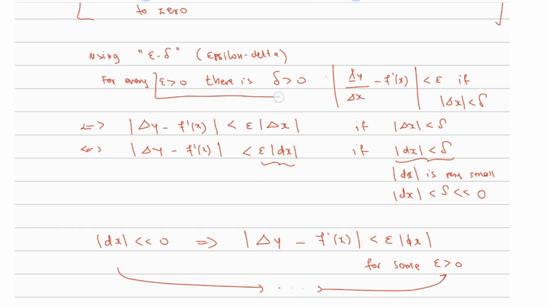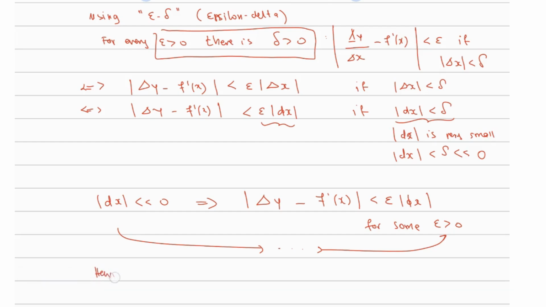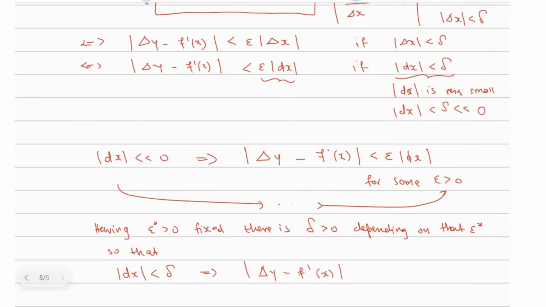Why? Because whenever we fix epsilon star greater than 0, there is a delta depending on that particular epsilon star, and then everything else, so that dx less than delta implies the distance between the increment of the function and f prime of x dx is less than that epsilon star times dx.